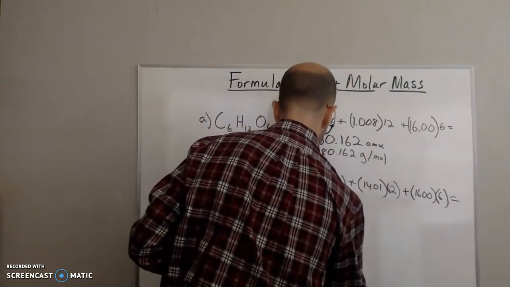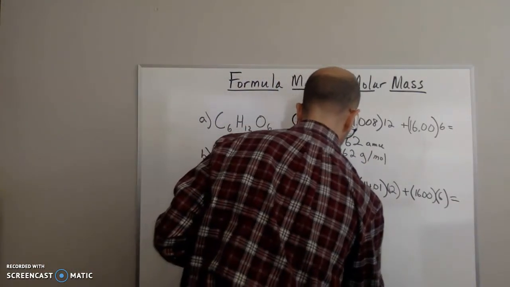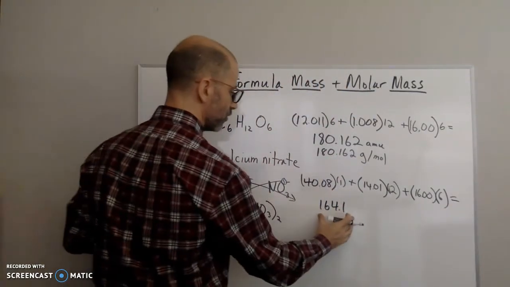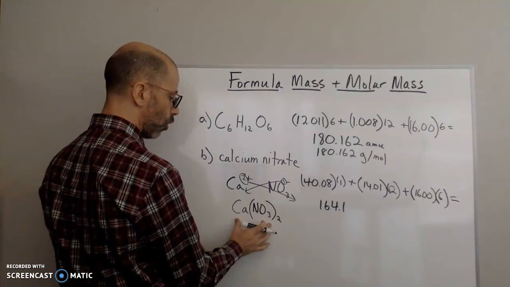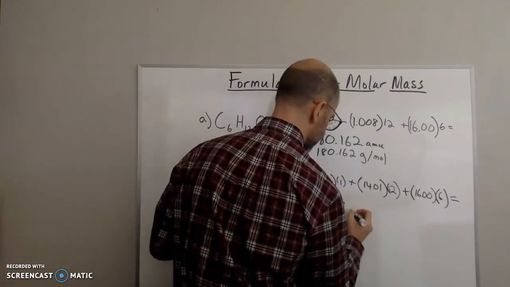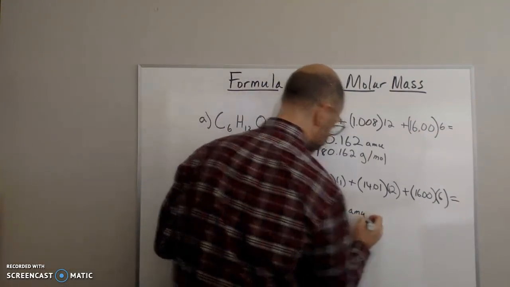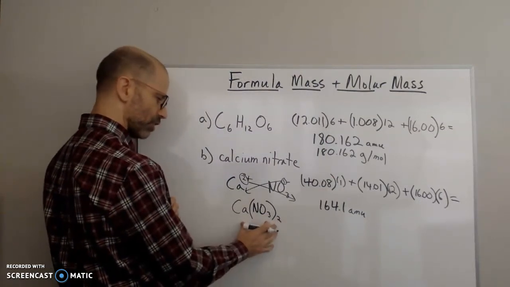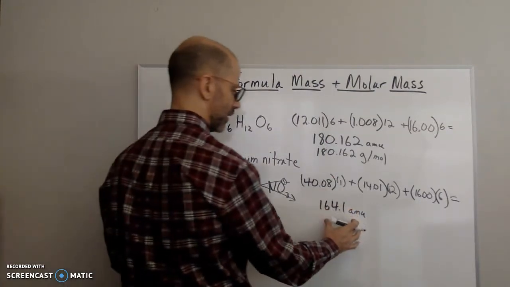So I get 164.1. Okay, and again, this number, if it's the formula mass, then that's going to be in AMU. So if I am calculating the mass of just one of these formula units, then it's AMUs.